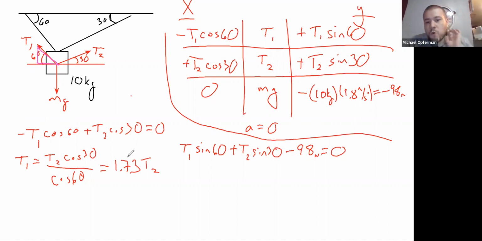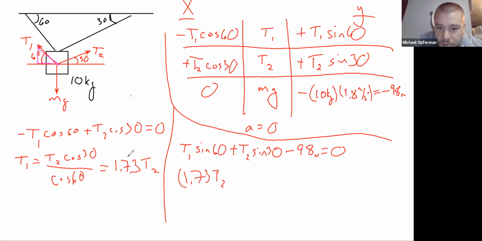Okay, so T1 is 1.73 T2. Now I can plug that result into the other equation. So I'm going to have here 1.73 times T2 times sine of 60 plus T2 sine of 30 minus 98 equals 0.